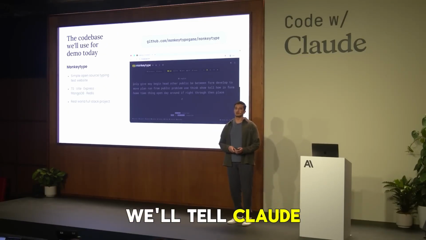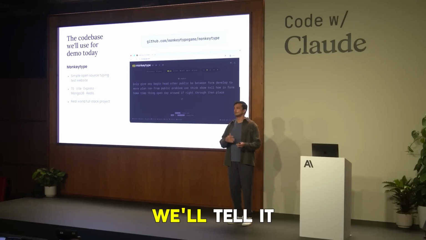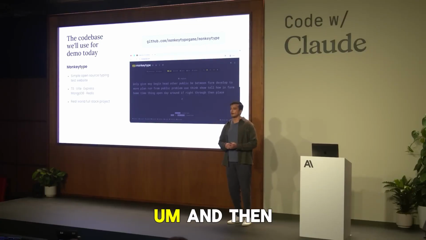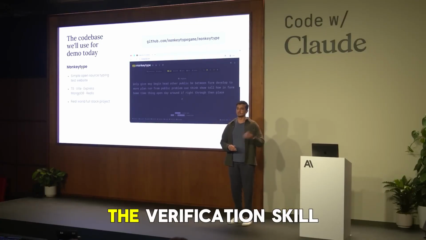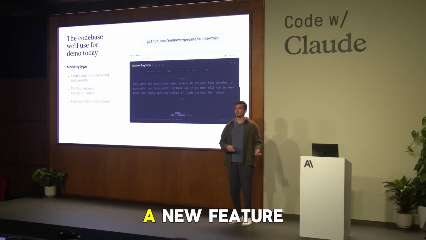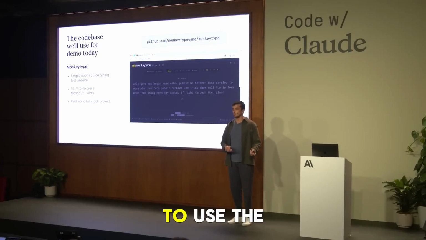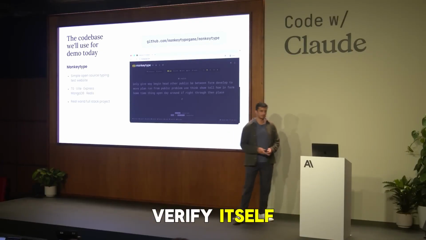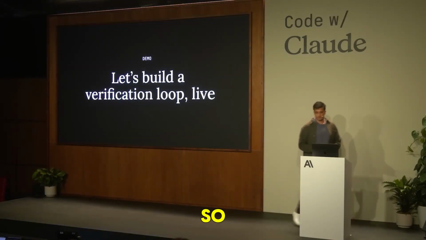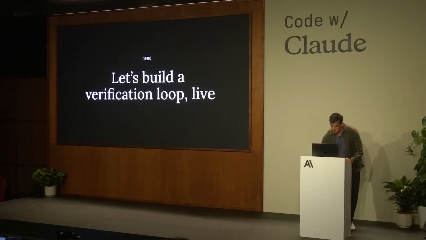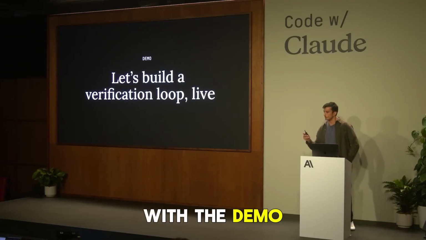So we'll tell Claude to spin up a new dev server. We'll tell it to go and use the Chrome MCP to check some of its work. And then once we create the verification skill, we'll also create a new feature and ask Claude to use the verification skill to verify itself. So let's get started with the demo.